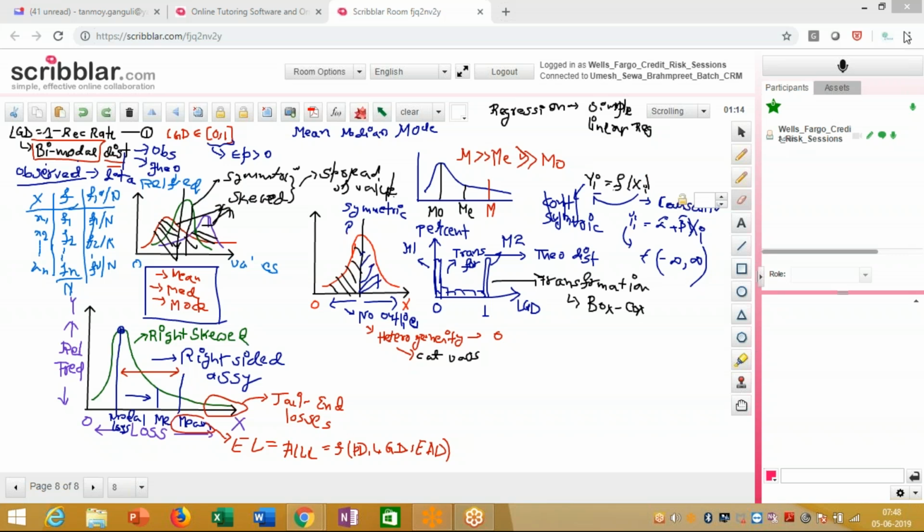Sorry, I'm back. So as we were talking about the concept of a transformation, what I get to see over here is that I have a bimodal distribution.